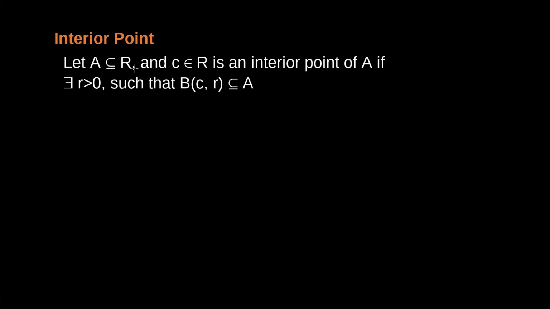Here A is a subset of R, and a point C belonging to R is an interior point of A if there exists R greater than 0 so that the ball with center C and radius R lies entirely in the set A. So suppose we have a set A which is a subset of R, then a point C is called an interior point if there exists a ball with center C and radius R which lies entirely in the set A.